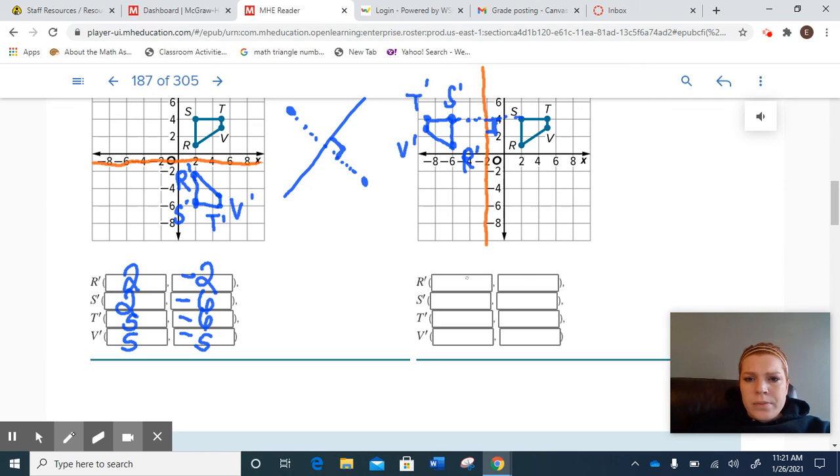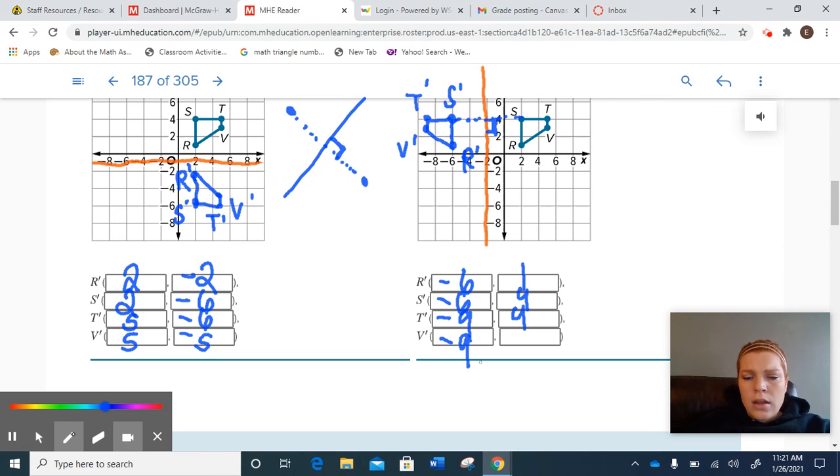We have R, which is -6, 1. S, which is -6, 4. T is -9, 4. And then V, which is -9, 3. And there we go.